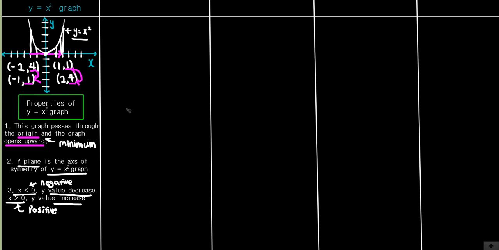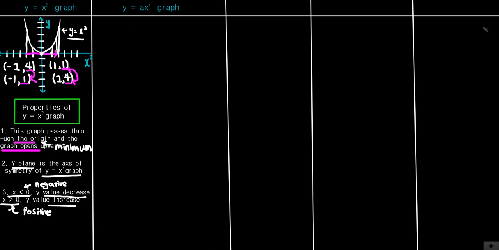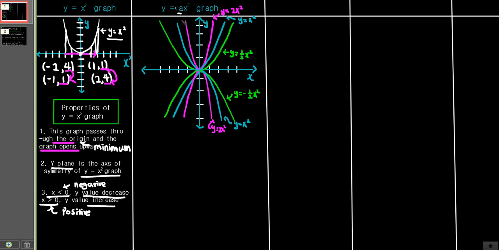Now I'm going to compare this y equals x squared graph with the other quadratic functions graphs. Let's think about the next graph, y equals ax squared, where we added the coefficient of the x squared term, which is a in this case. The characteristic cases of the y equals x squared graph, where a, the coefficient of the x squared term, is shown by its numbers.